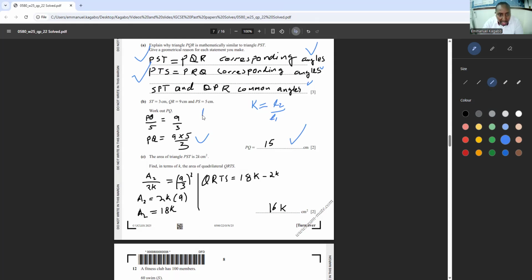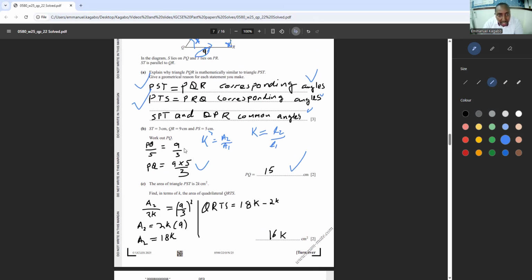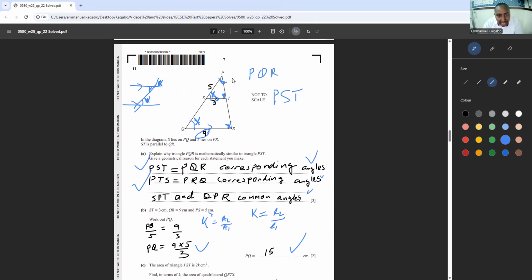The area scale factor, which is K squared, will be given by the big area divided by the small area. That's why you see here I have the big area divided by the area of the small triangle, PST. Okay? PST, that's the small triangle, this one.